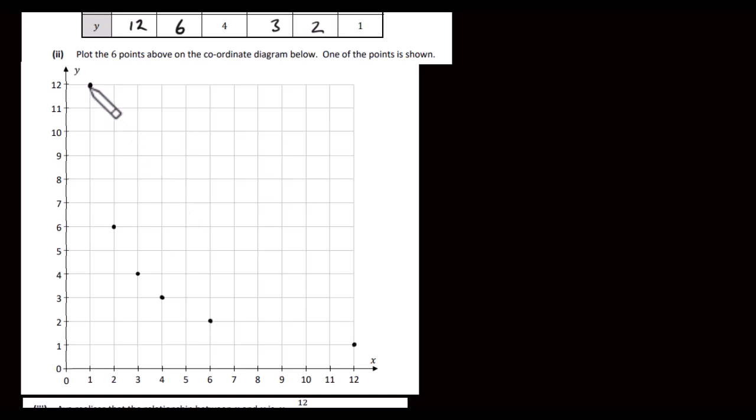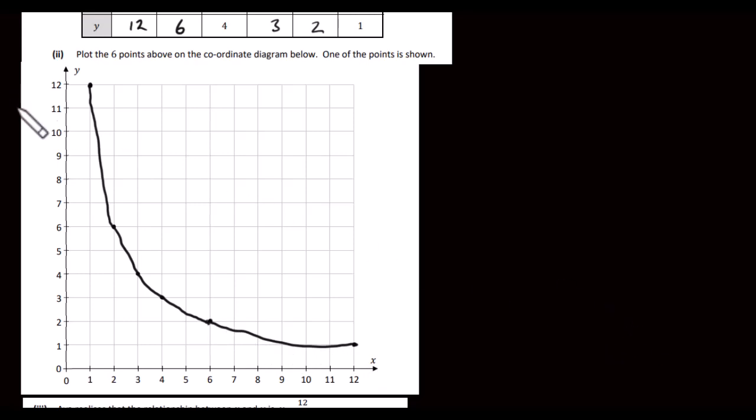It's kind of a strange question. I'm not sure why they didn't combine this in the one question, but anyway, we'll just join them up. So it's the curve anyway. I've just missed that one there, but you get the idea. So it should look something like that.